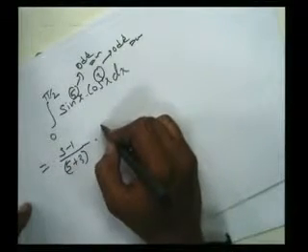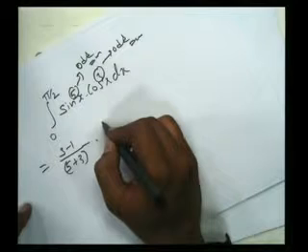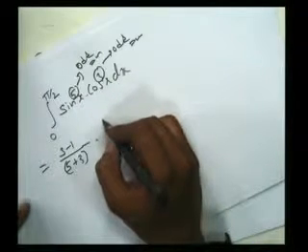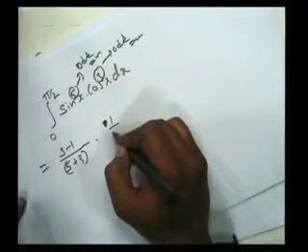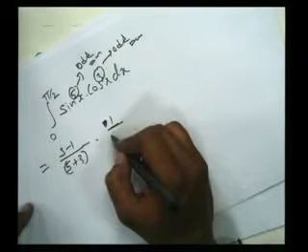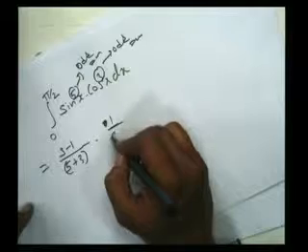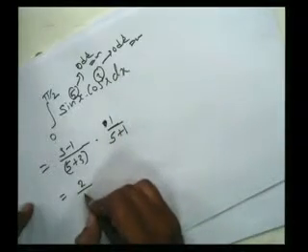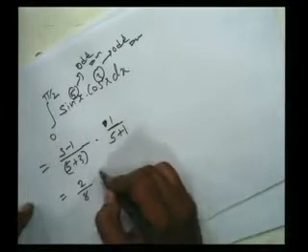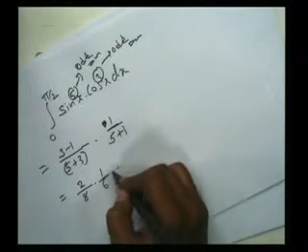into 1 upon m plus 1, which is 5 plus 1, equal to 2 by 8 into 1 by 6.